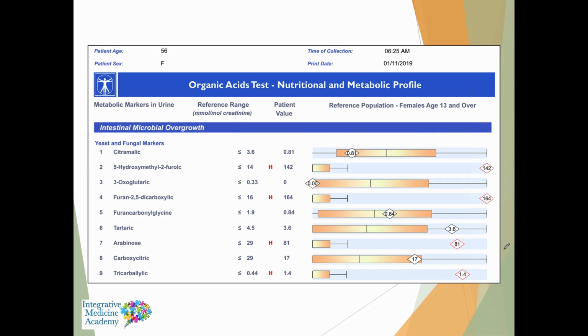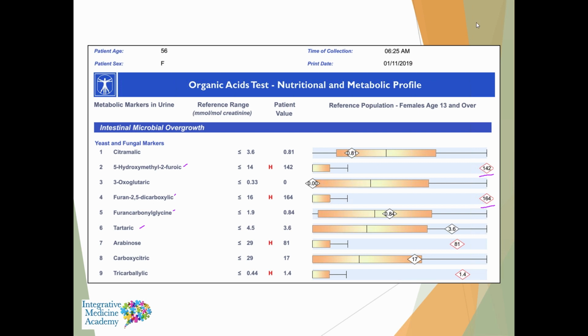Notice that we've got a few markers that are elevated on page 1 under the yeast and fungal section. Markers 2, 4, 5, and 6 are linked to Aspergillus mold. This person has markers 2 and 4 elevated, which means Aspergillus is colonizing the digestive system.